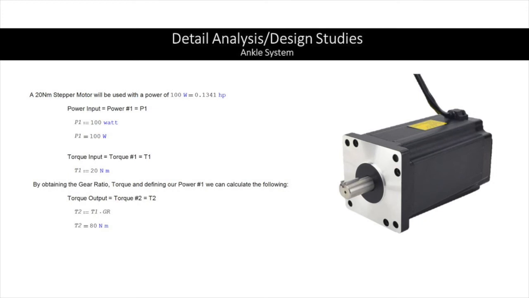Our power input, P1, is 100 watts, and we also have an input torque of 20 Newton-meters. By obtaining the gear ratio, the torque, and defining our power 1, we can calculate the following. The torque output, or torque 2, of our gear will be 80 Newton-meters.